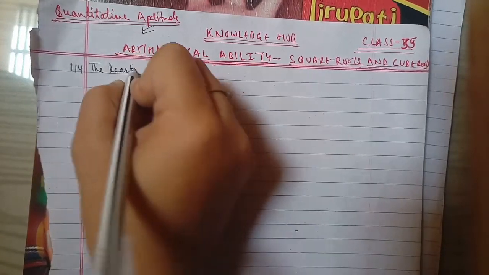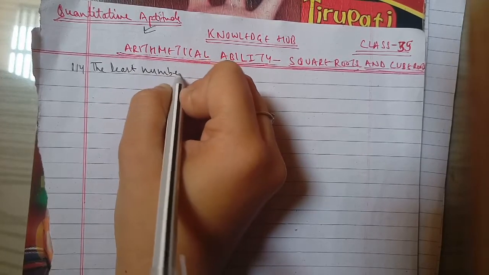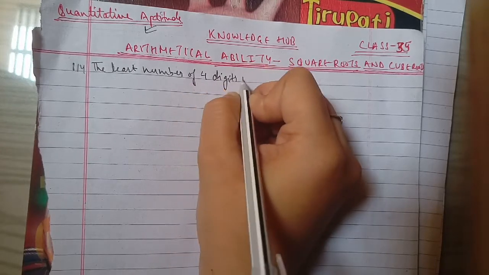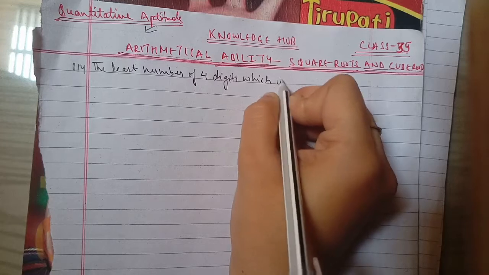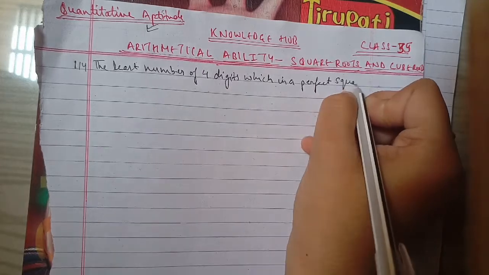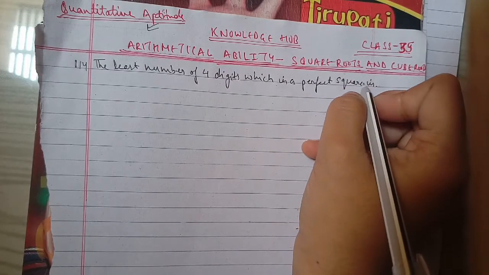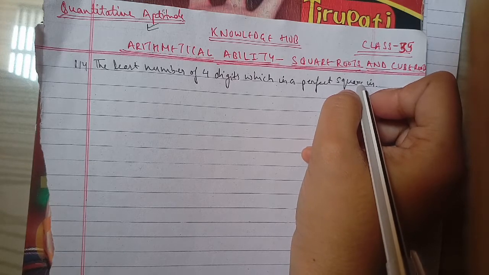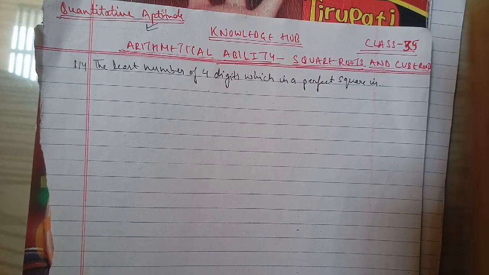The least number of 4 digits which is a perfect square is what we have to find, and the options, as I told you, are 1000, 1016, 1024 and 1036. For that we have to go ahead with the solution, and that plays an important role, so we will be going ahead.